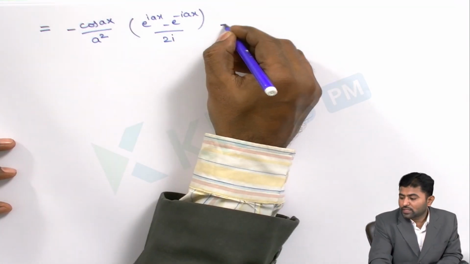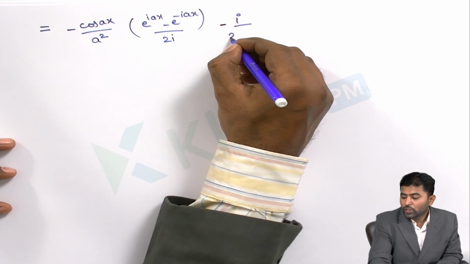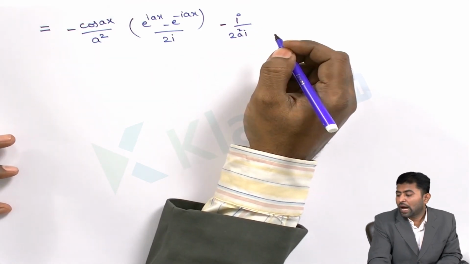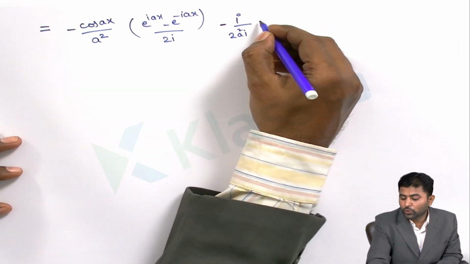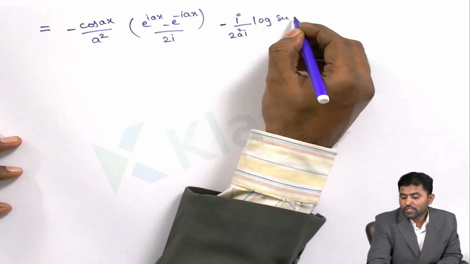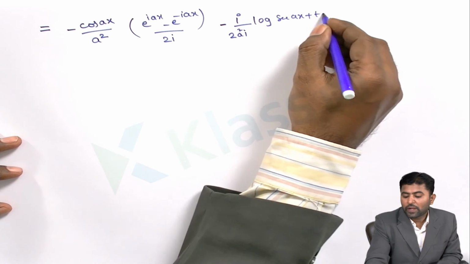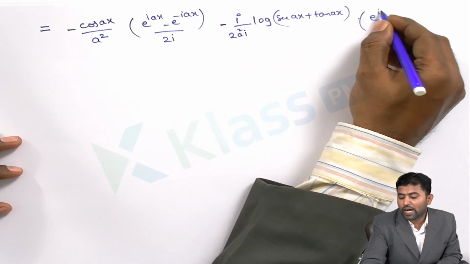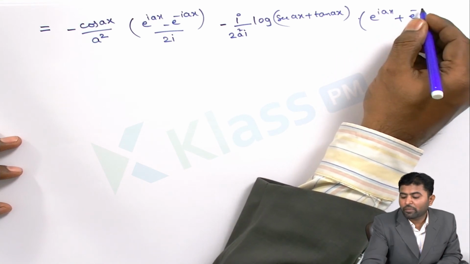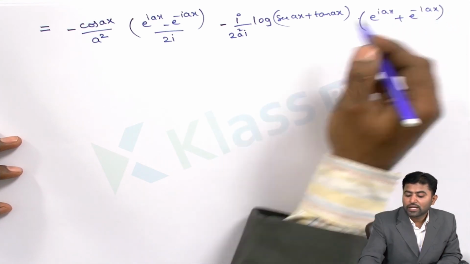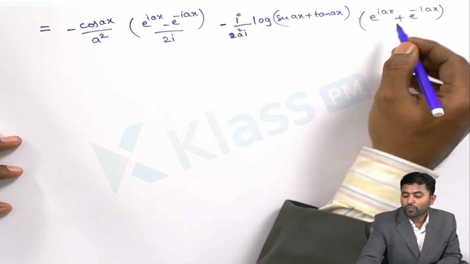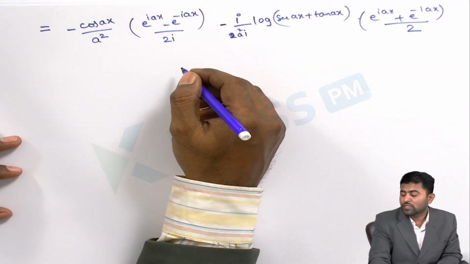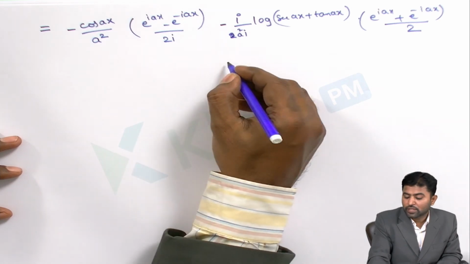Then minus i by 2a square i into log secant ax plus tan ax into e power iax plus e power minus iax. I'm sending this here so that I can write it in the form of sin and cos ax.